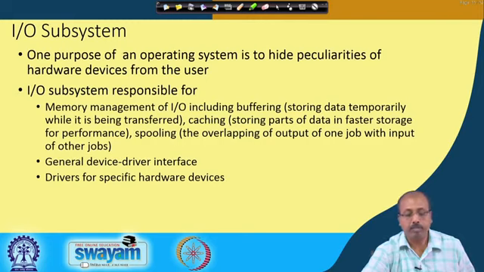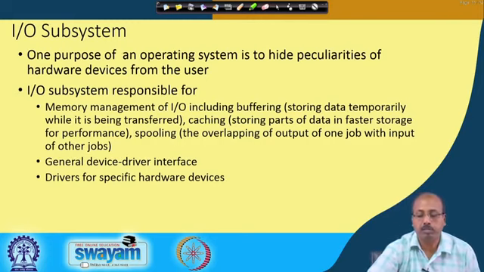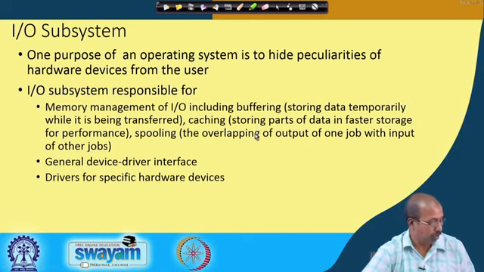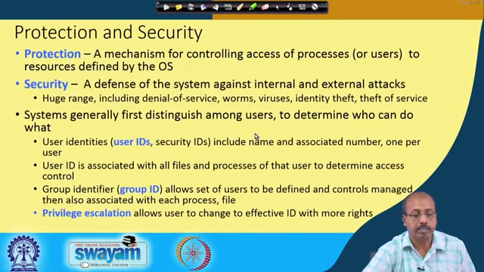Then we have the IO subsystem. There are IO devices in the system, and as a user I should not have to look into each IO device separately. I should have a uniform interface, so the operating system should provide a facility by which uniform IO device access can be made.